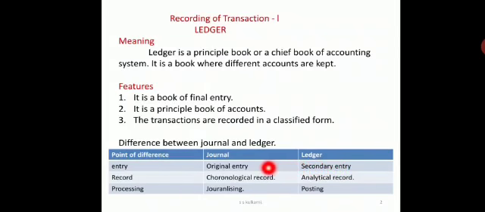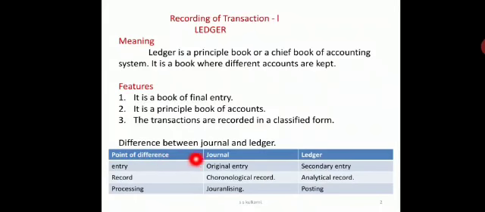Next one is processing. When I have a given transaction, classifying the accounts, then applying the rules and recording, that whole process is called journalizing. Whereas in the process of finding out which account is debited and why, that account I record on the debit side or the credit side of my ledger.